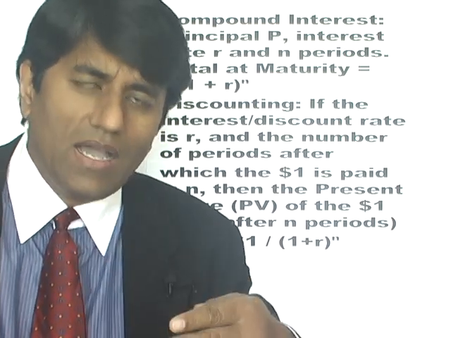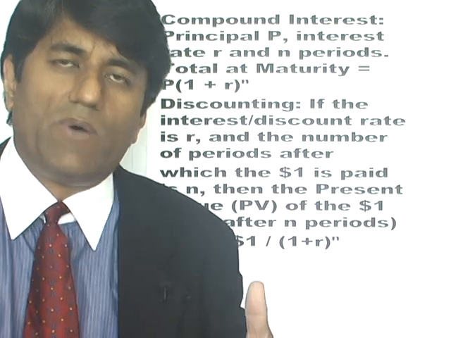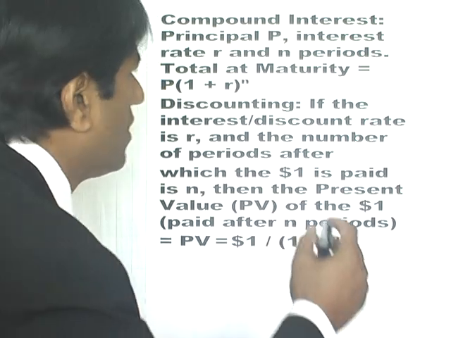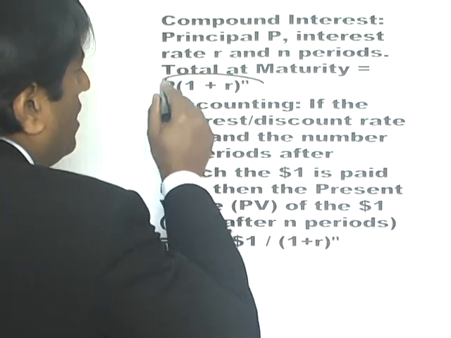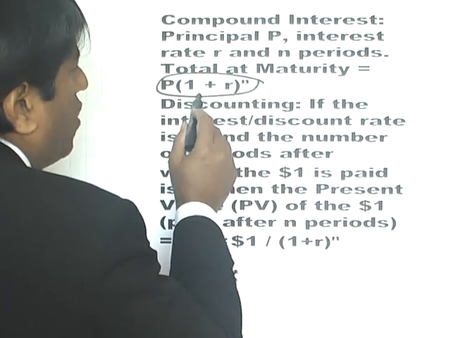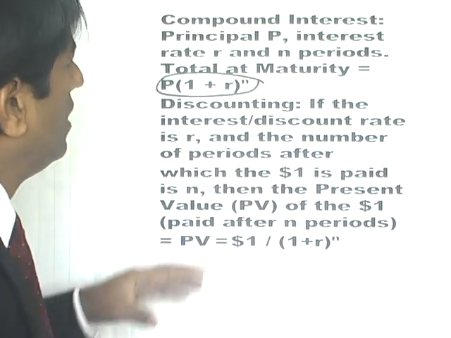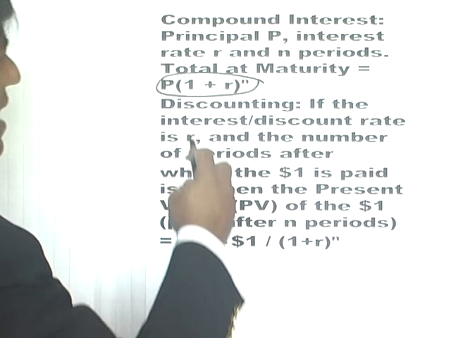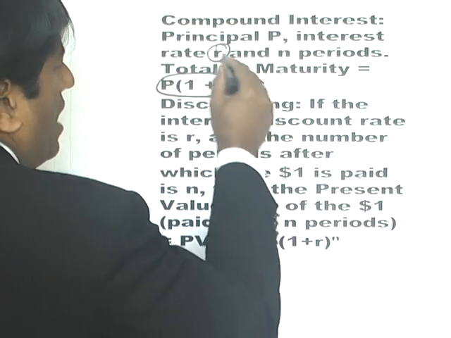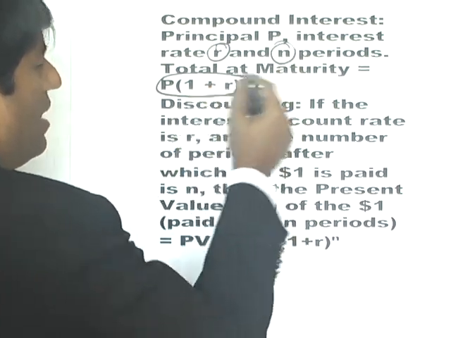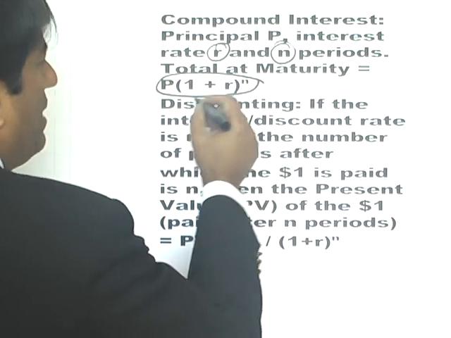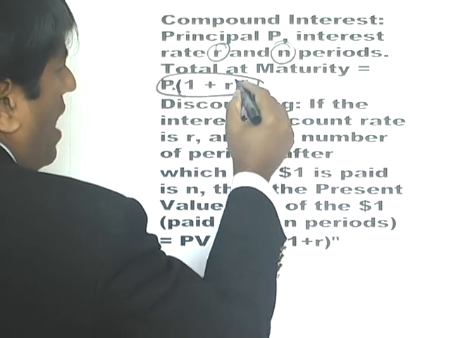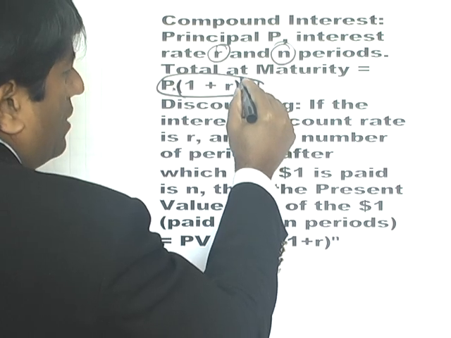So if every year it increases by a factor of 1 plus r in compound interest, then over n years, it should increase by a factor of 1 plus r to the power n. So if your initial principal is p, the rate of interest is r, and n is the number of periods, then after n periods, you're going to have p multiplied by 1 plus r to the power n.